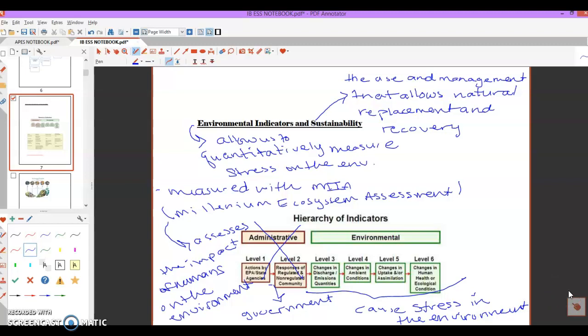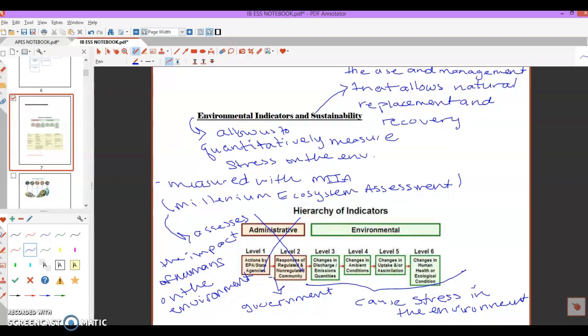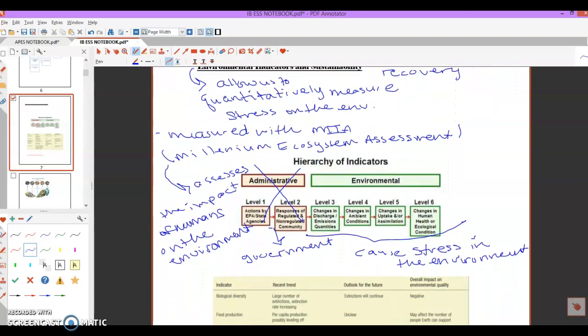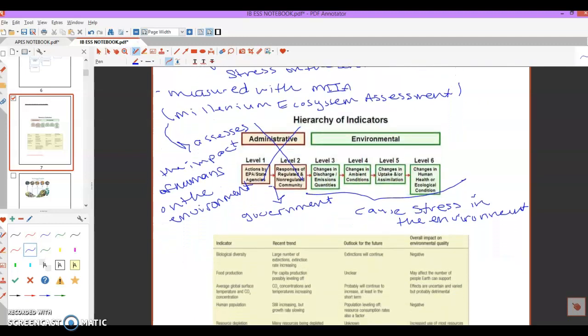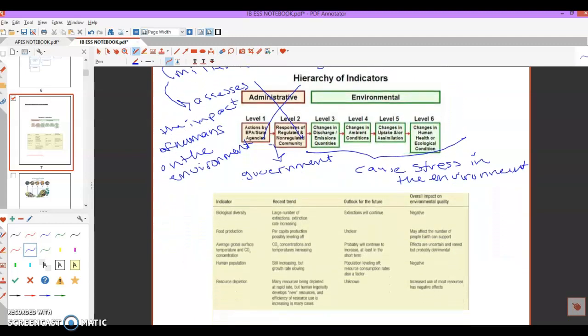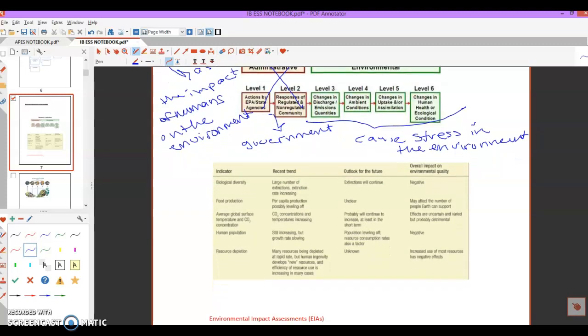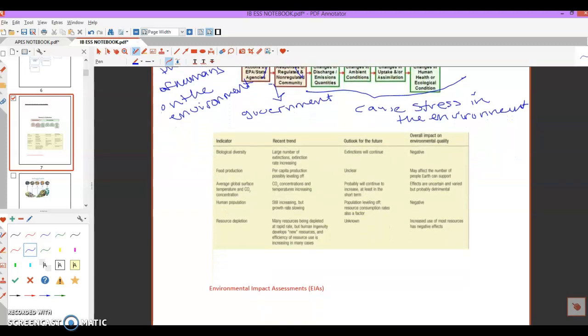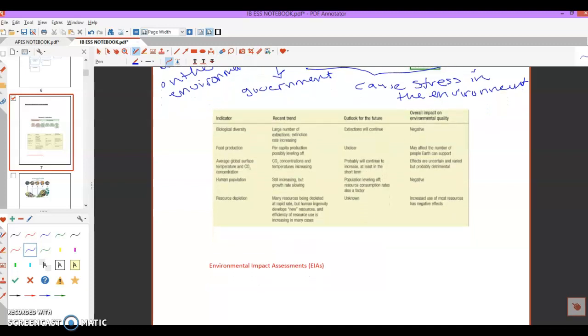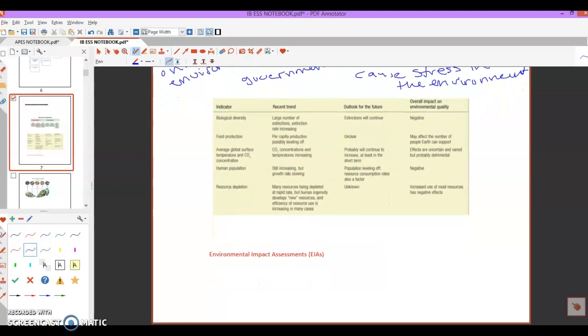Now, the table below this identifies very specific indicators. Okay, you need to be able to discuss 2 of these on the IB test. All right. Let me keep scrolling.